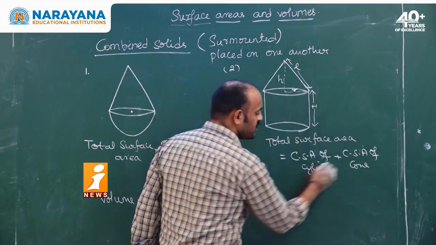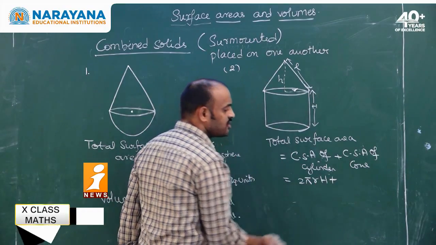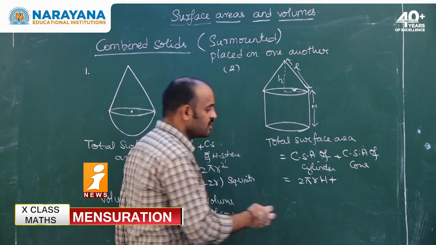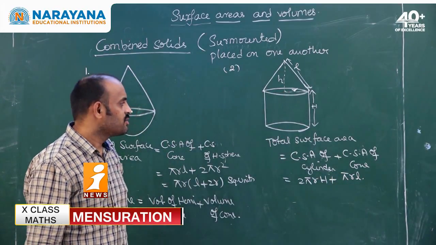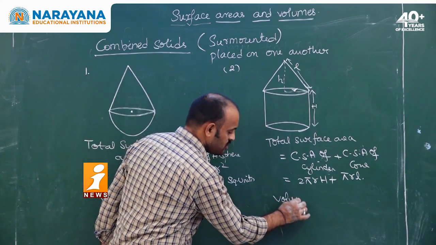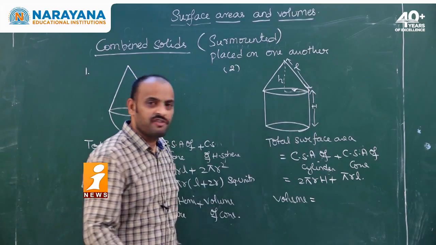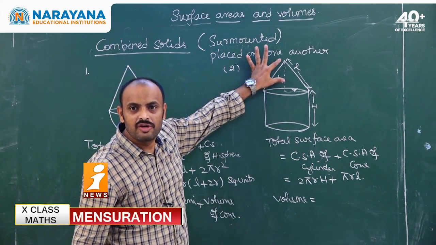What is the CSA of the cylinder? 2 pi r H, where H is the capital H. What is the CSA of the cone? Pi r L. So how to find the volume? Volume of each figure: volume of cylinder plus volume of cone.